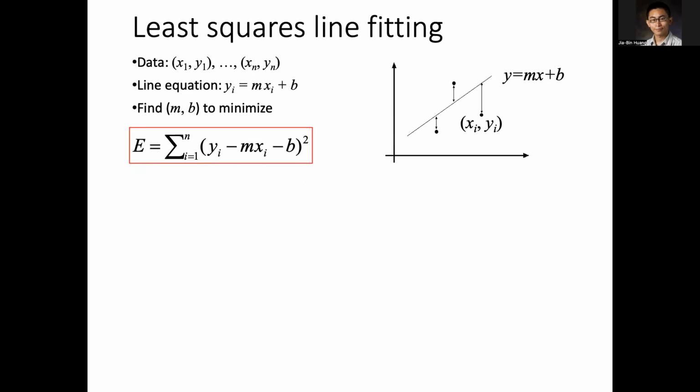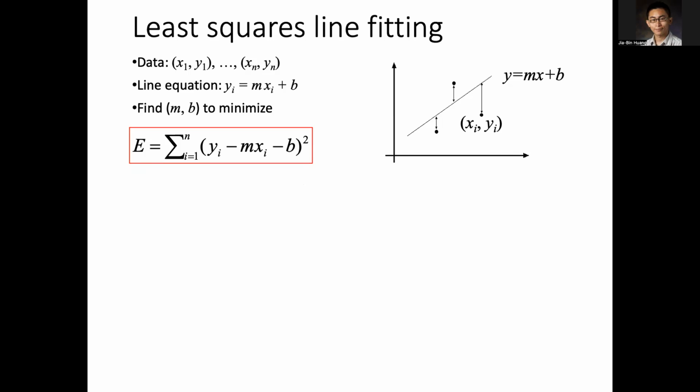For every m and b, I have an objective function E that tells us how well this line passes through the data. The way we do this is that I can measure the vertical error for any x_i, between the predicted value and the actual value.